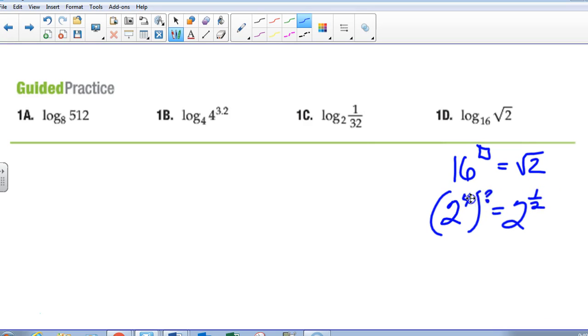So 4 times something is 1/2, because you multiply exponents when they're a power to a power. Anybody know the answer to that? 1/8. Got to divide by 4, right? 1/2 divided by 4 is 1/2 times 1/4, which is 1/8.